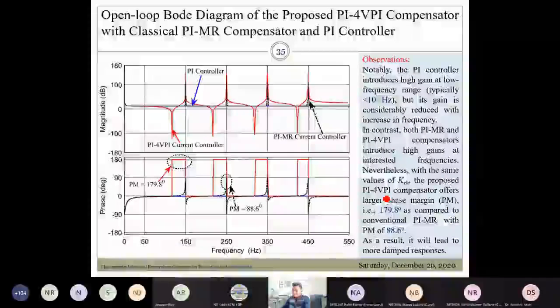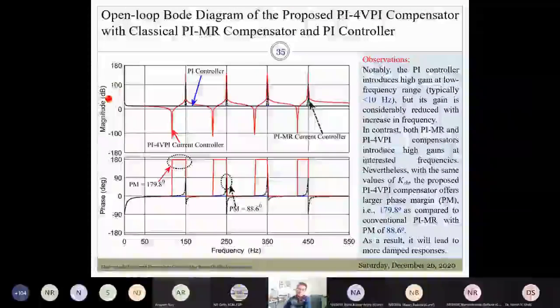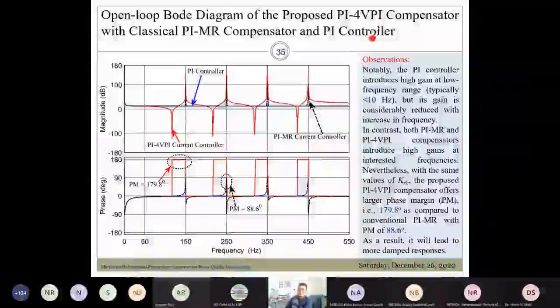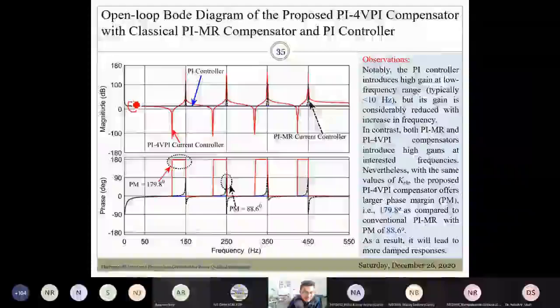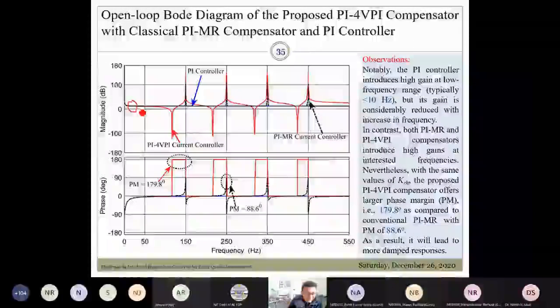Now it is essential to study the performance of the PI for VPI compensator against the classical PI-MR compensator and PI compensator. A critical examination of this Bode plot reveals that the existing prevalent proportional integral based feedback controller introduces high gain at the lower frequency.